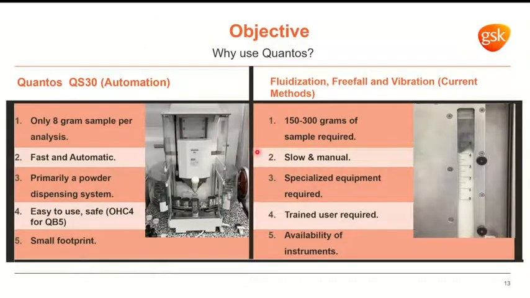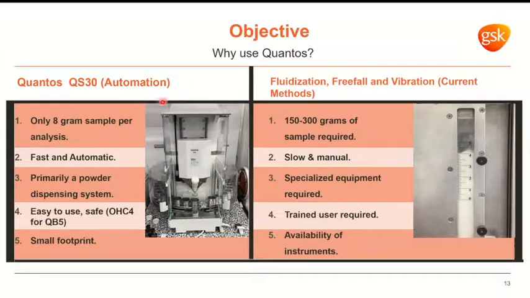Here you might pose a question: I just told you about three methods to study segregation which are currently being actively used, the fluidization, the free fall, and the vibration method. So if we already have those three methods, why do we need to develop this new method using the QS30 automation system? In order to answer that question, we need to compare the way these two machines work.